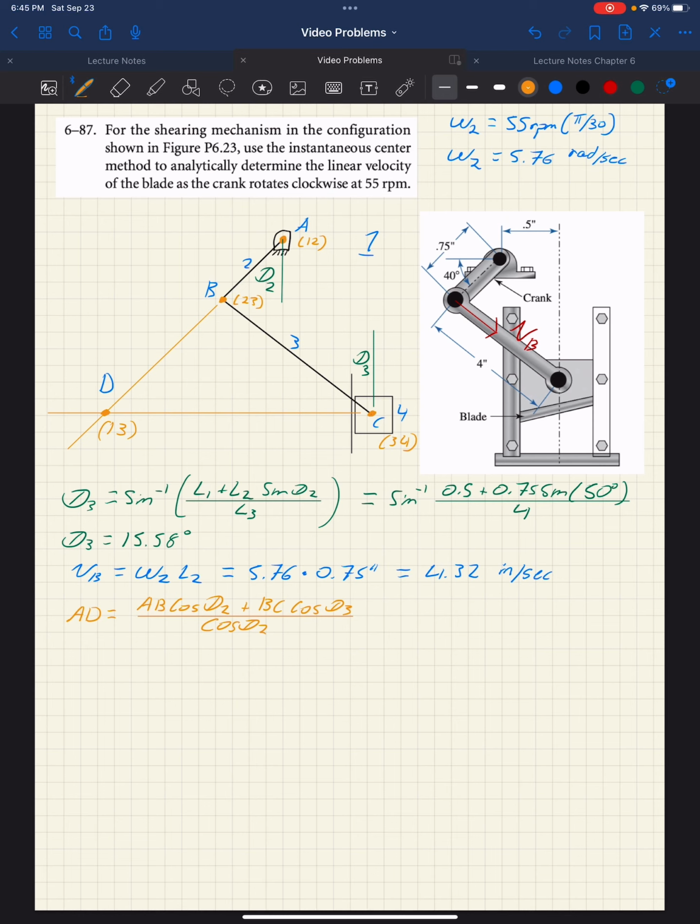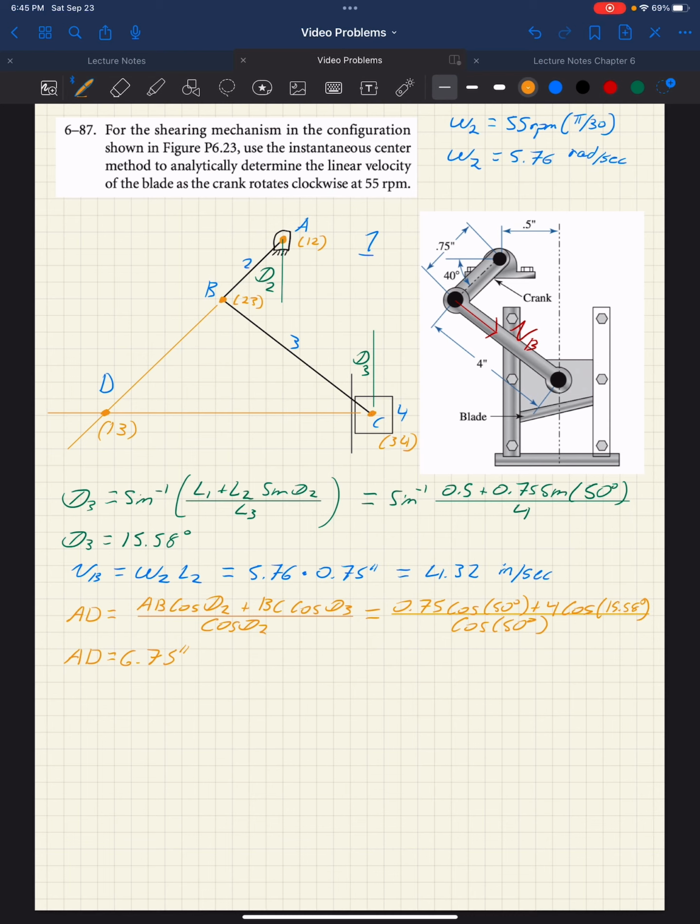And we'll go ahead and plug numbers in for this. So AB is 0.75 inches times the cosine of 50 degrees plus 4 inches times the cosine of 15.58 degrees, and that is over top of the cosine of 50 degrees, and this gives us the length AD equal to 6.75 inches.